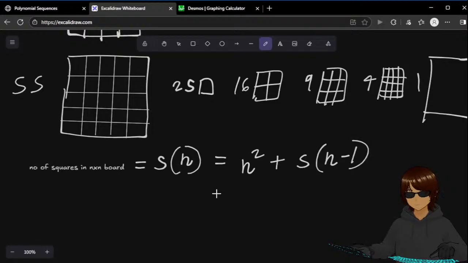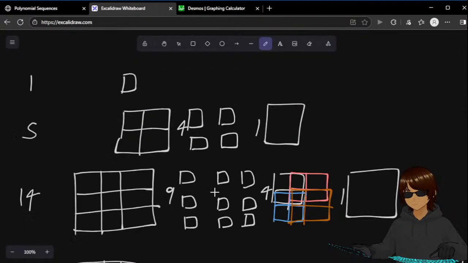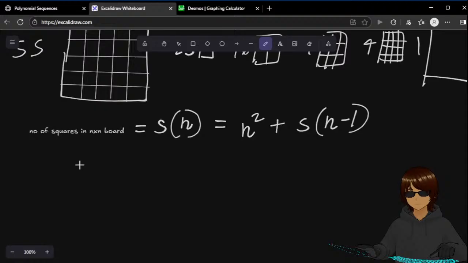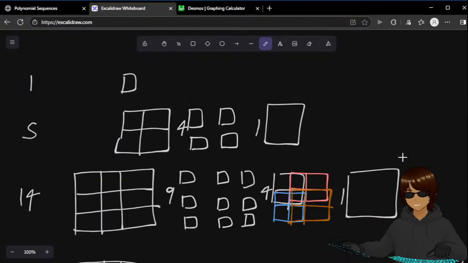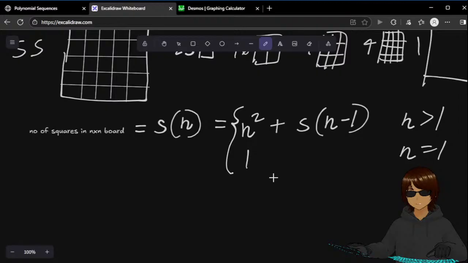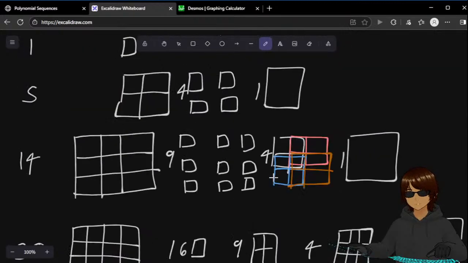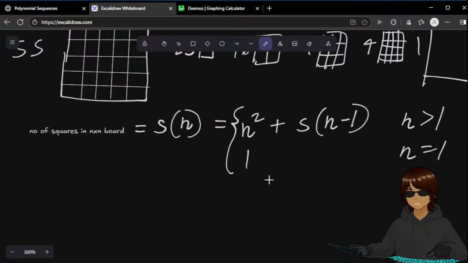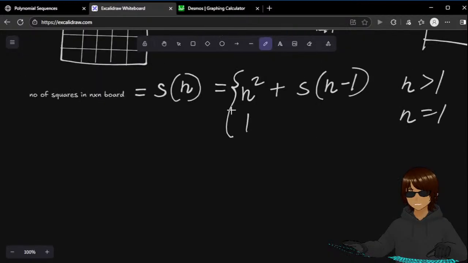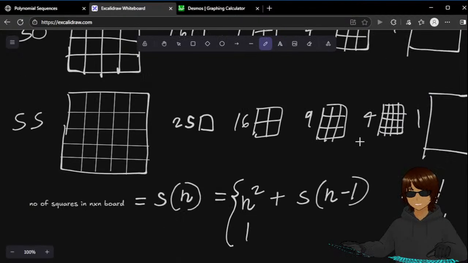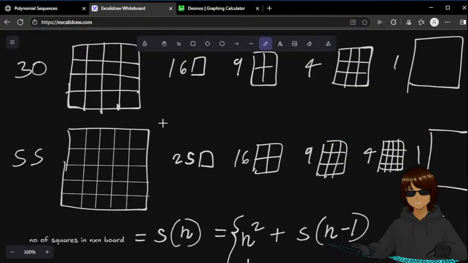I think this is the answer. So if n is 2, 2 square plus 1 is 5. N is 3, 3 square plus 5 is 14. This is the equation. I'm deriving this because of a pattern, but I want to know what the proof is for all of the things.